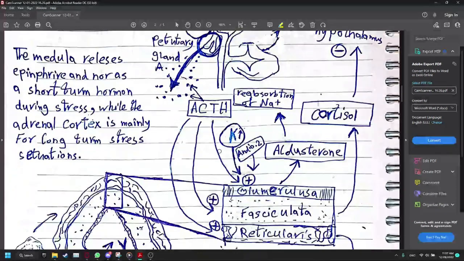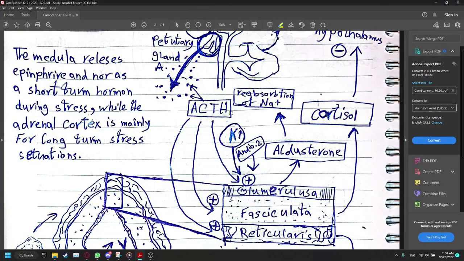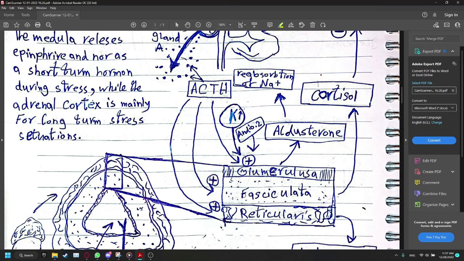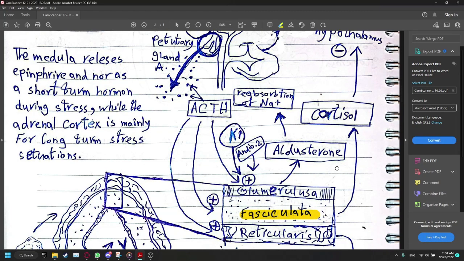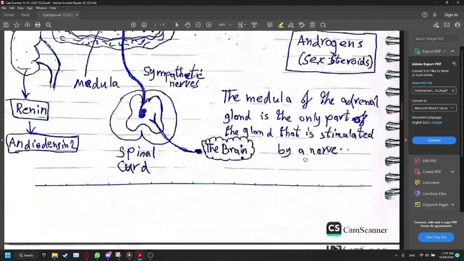So basically, the ACTH, back to here, comes to the zona fasciculata to produce cortisol, right? Cortisol is a steroid, and so it needs a carrier.